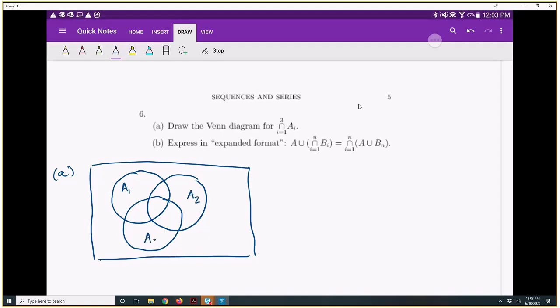And I'll label them. It doesn't matter which one I'm labeling where. Now if I want to take the intersection of I running from 1 to 3, this would be the same as A1 intersect A2 intersect A3. So in the picture, that should be exactly this portion here at the center.